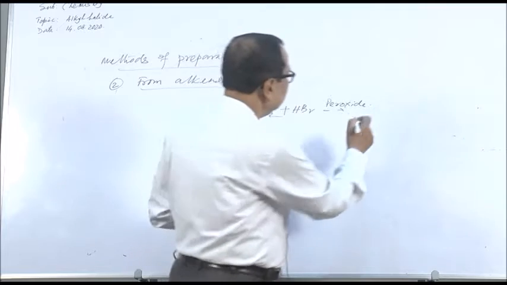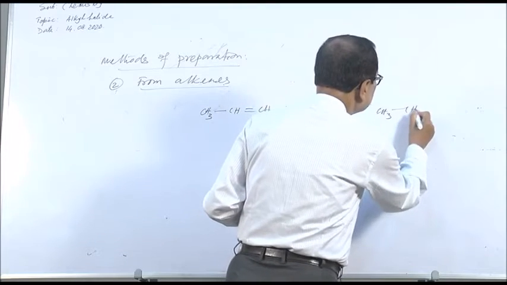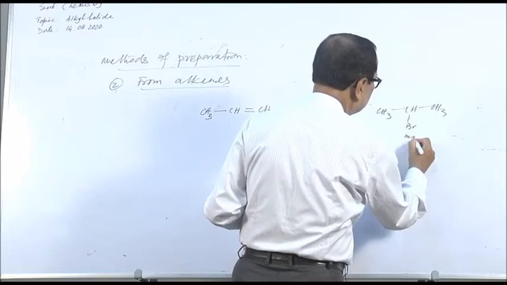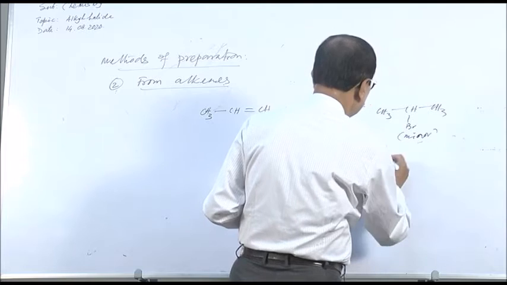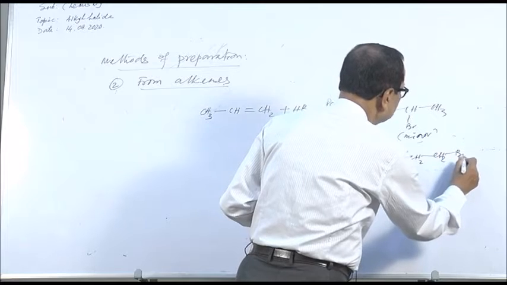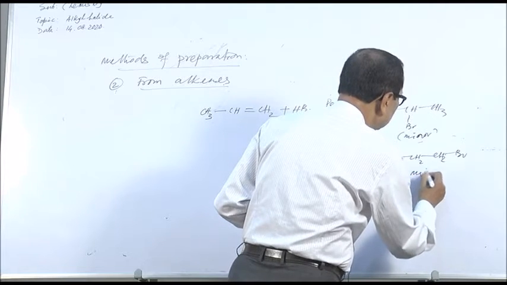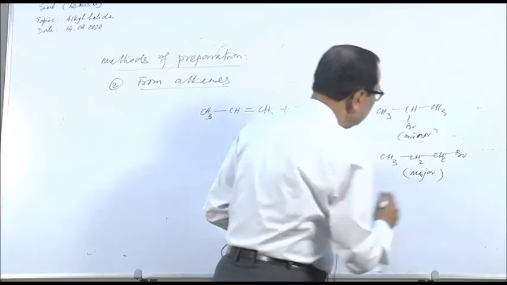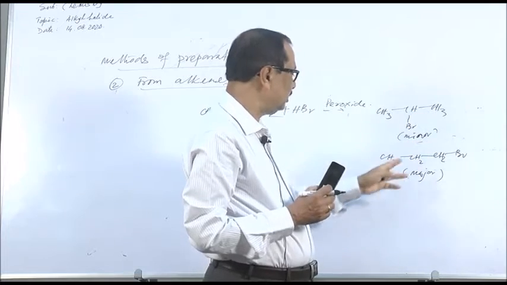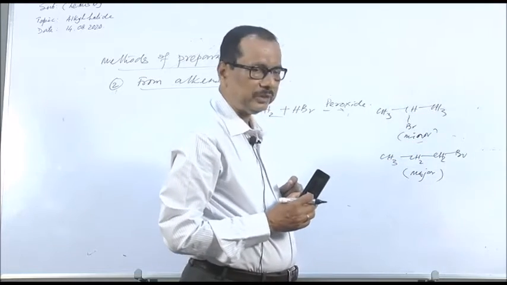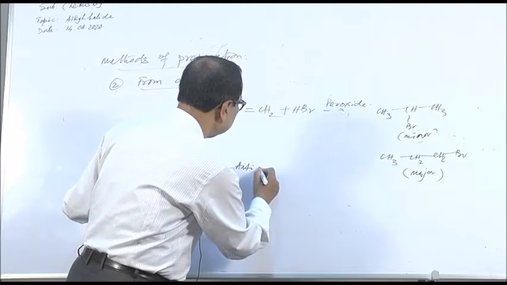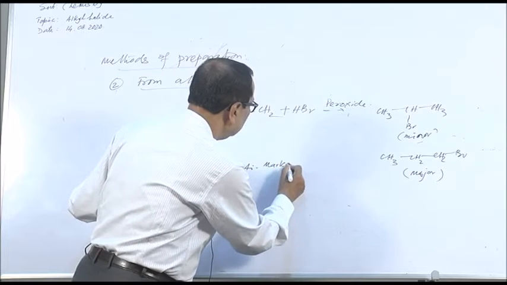Then the product will be CH3CHBrCH3, which now becomes the minor product, and CH3CH2CH2Br becomes the major product. That means here 2-bromopropane becomes a minor product and 1-bromopropane becomes a major product. So this is according to the anti-Markovnikov rule.